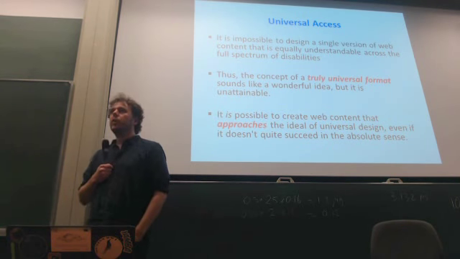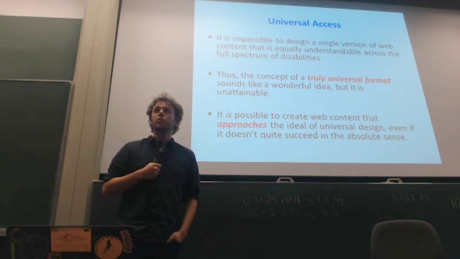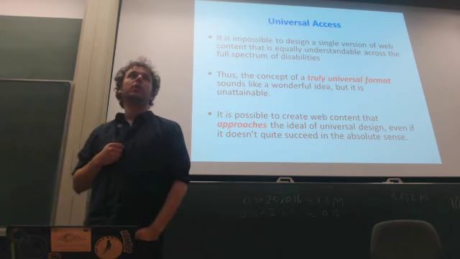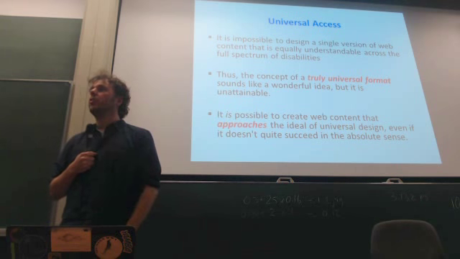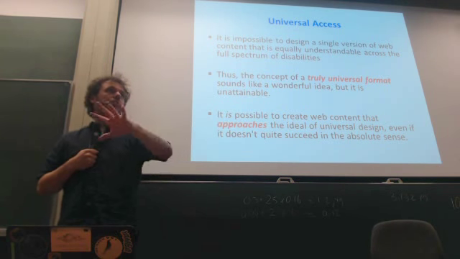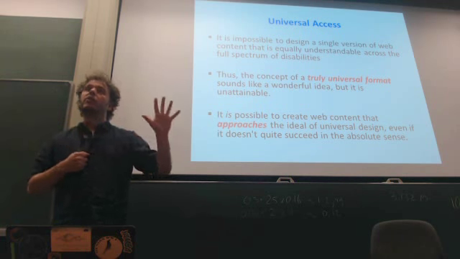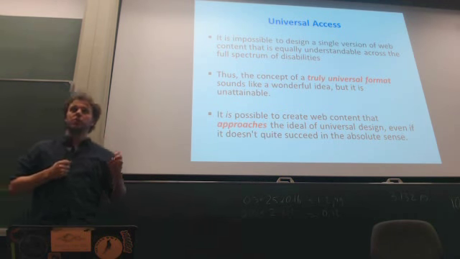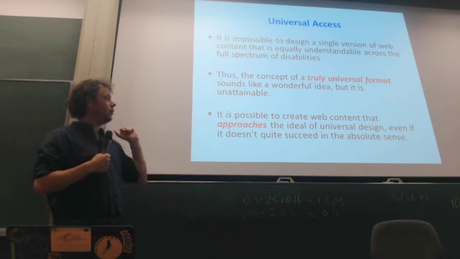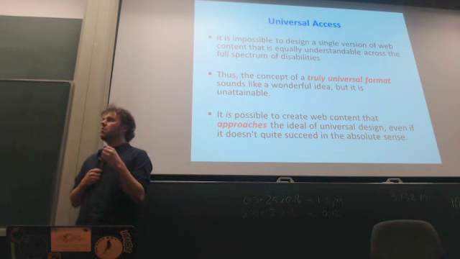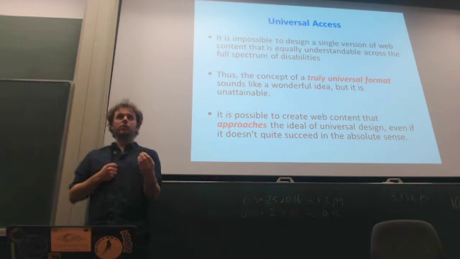Actually, we won't be talking too much about this in this lecture, but the majority of the people in the world do not access the web. Those are people that are not living here in Amsterdam, but mostly in, for example, West Africa or Southeast Asia in rural areas, right? So it's never going to be completely universal, but it is something that we can strive for, to approach this thing, and to make sure that the designs that we make do so, right?